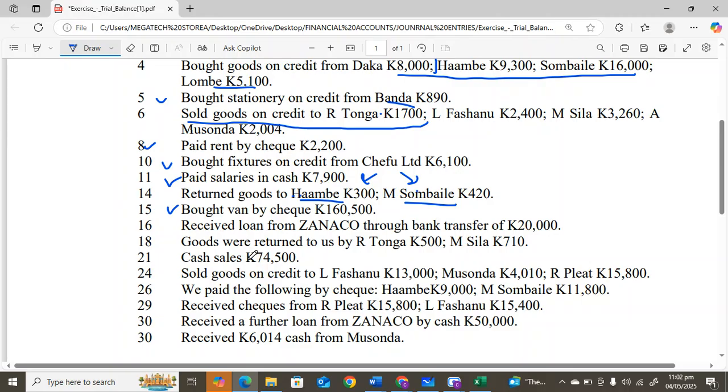The purchases account is for goods that you're reselling. Motor vehicle, this business doesn't sell motor vehicles. Any other questions before we move to the next transaction?